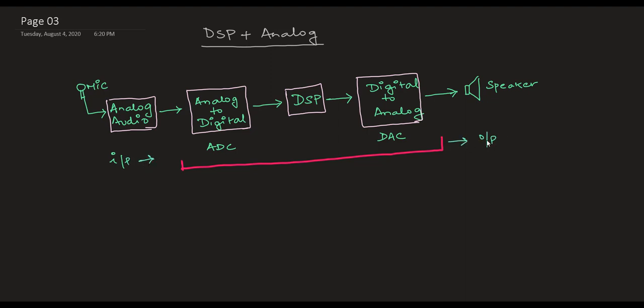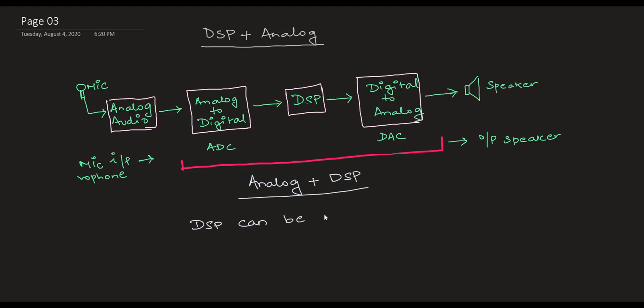This digital to analog conversion, or the DAC, helps us take the processed, enhanced, very good quality sound of mine and convert it into analog, which is the same sound, just in analog form, and then it sends it to the speaker where you hear this video. Good. So this is your pipeline, and if you see, there is always an analog component.